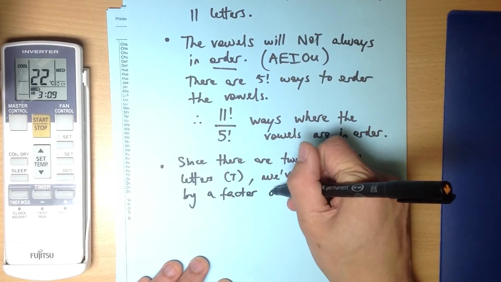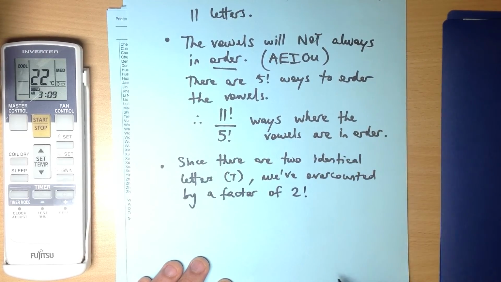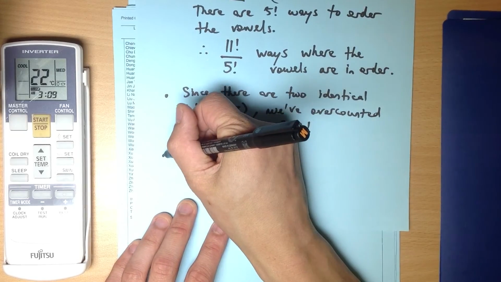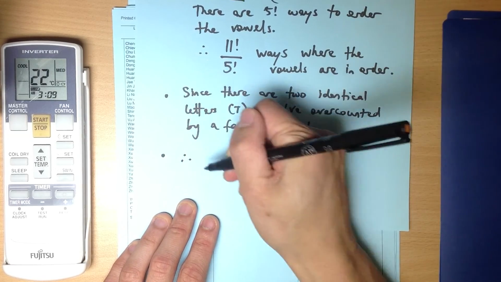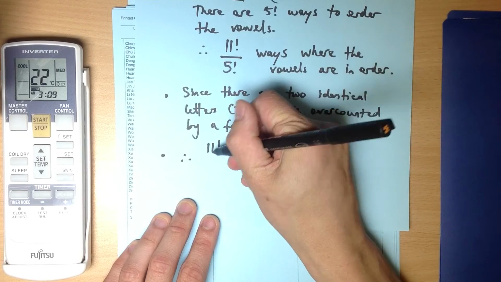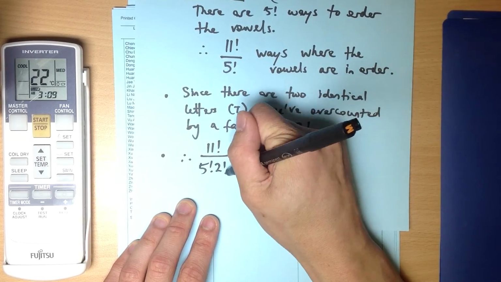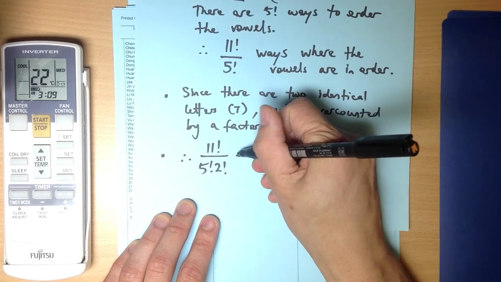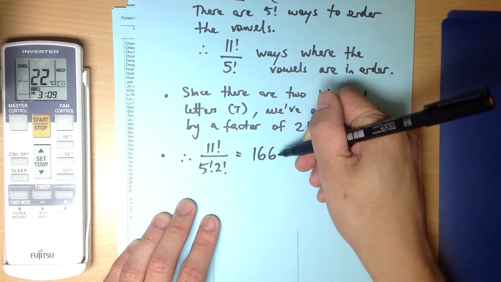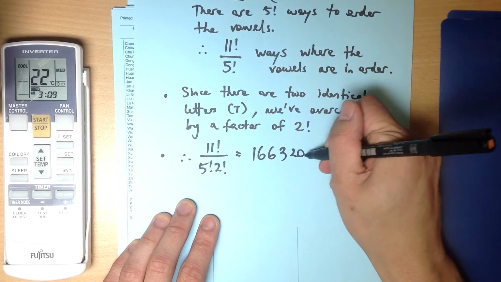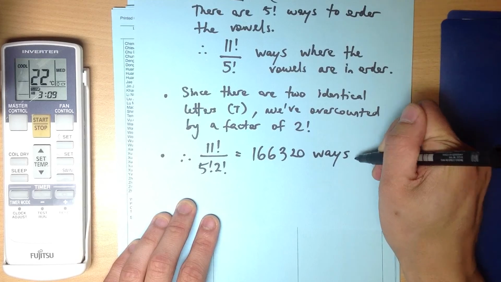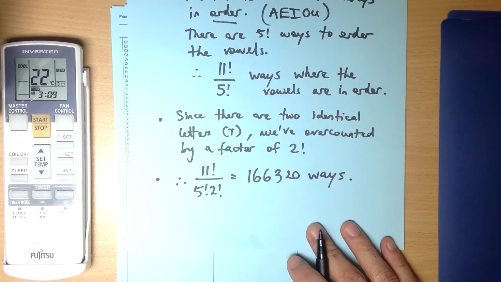Just like with the 5 factorial before, I have to divide through by that. And this is all the conditions. So therefore, there are 11 factorial on 5 factorial, 2 factorial ways. And when you punch that into a calculator, you get 166,320 ways in which you can arrange those letters given those conditions.